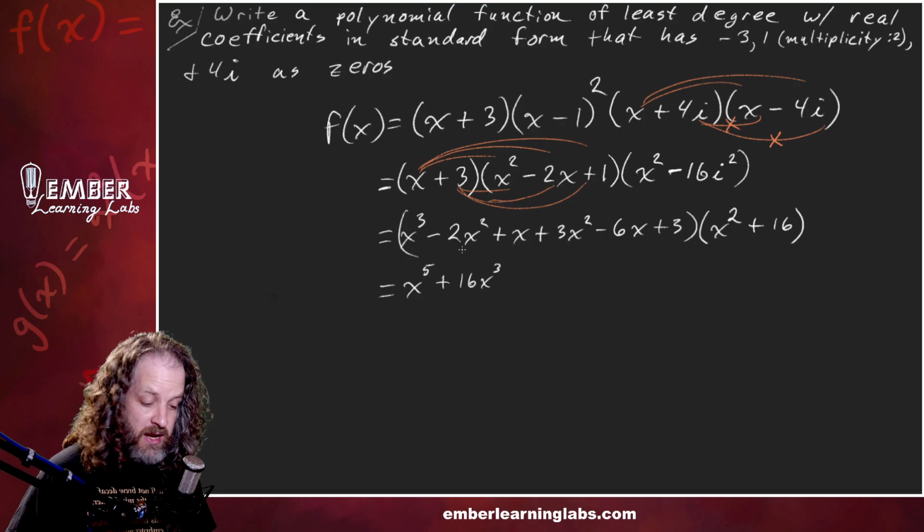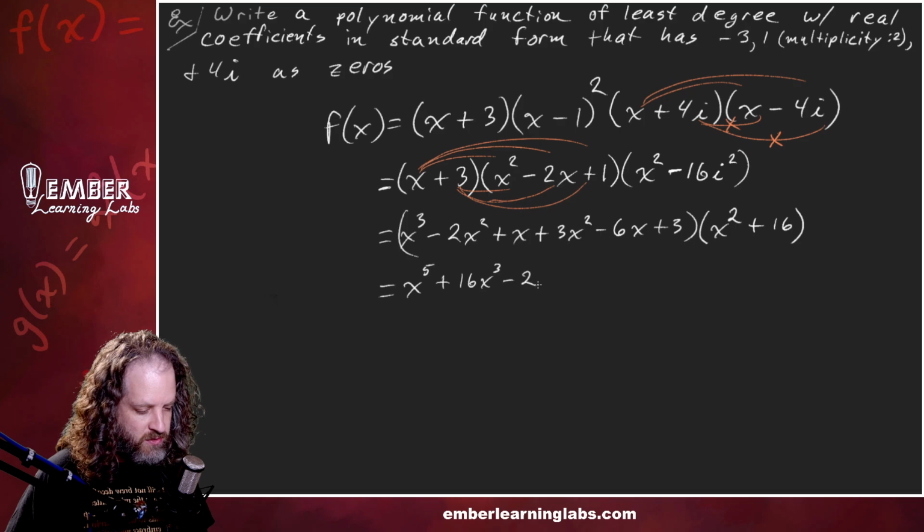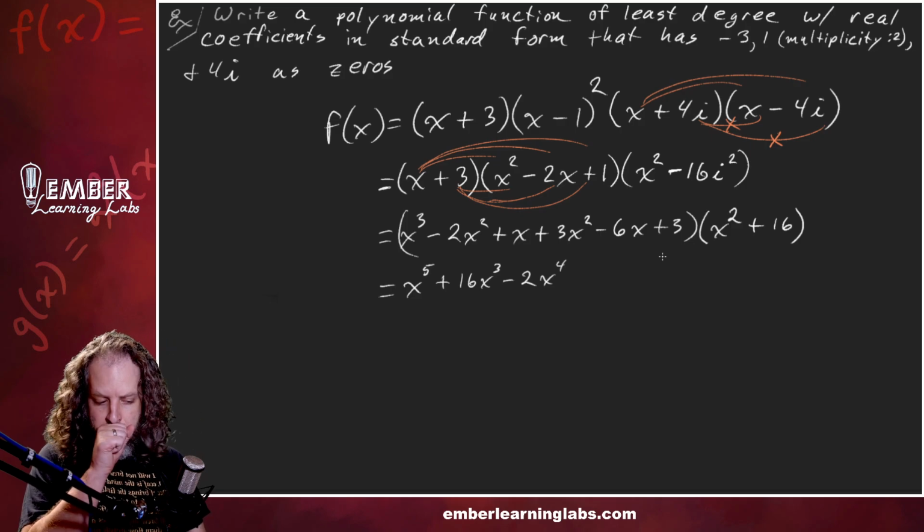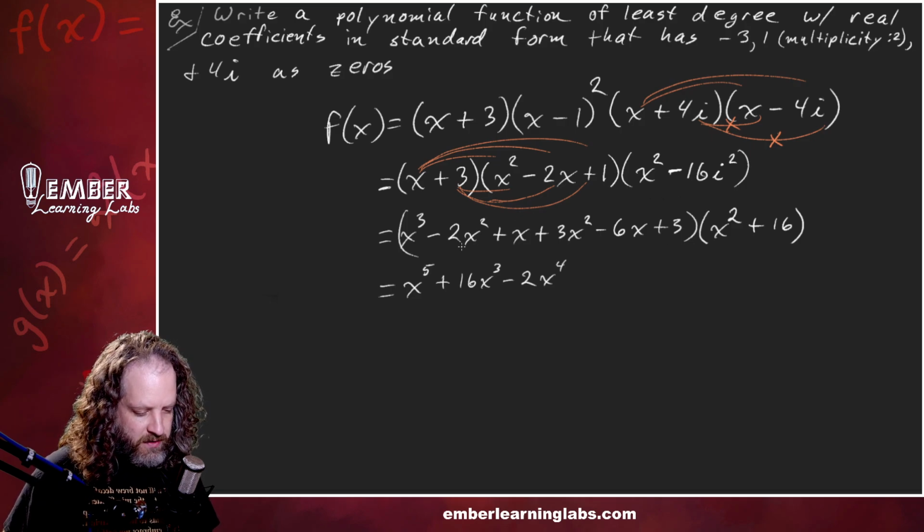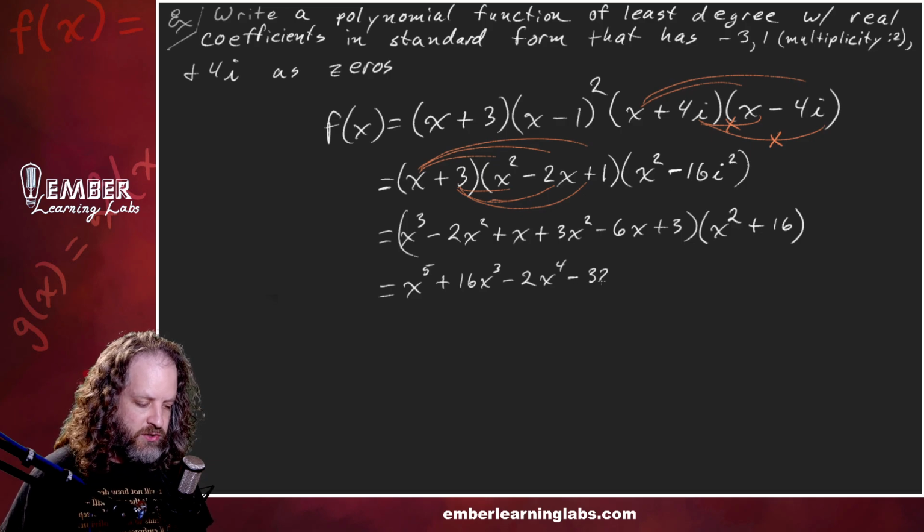Moving on to the next one, negative 2x squared times x squared is minus 2x to the fourth because 2 plus 2 is 4. Negative 2x squared times 16 is negative 32x squared.